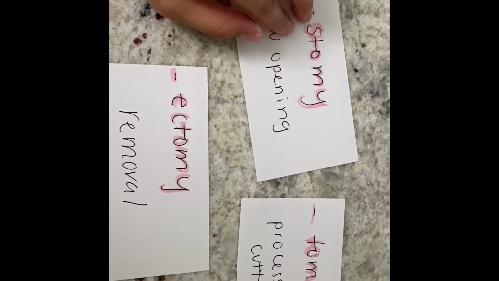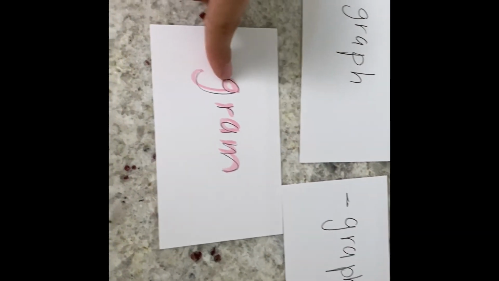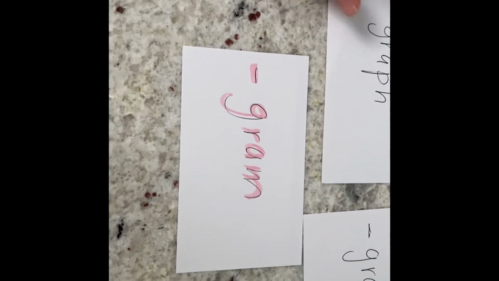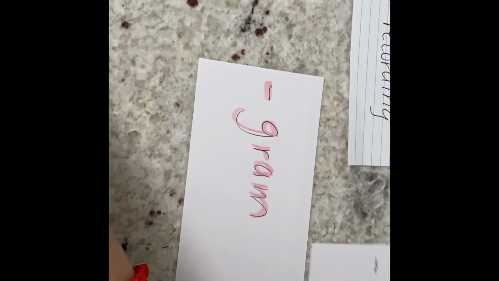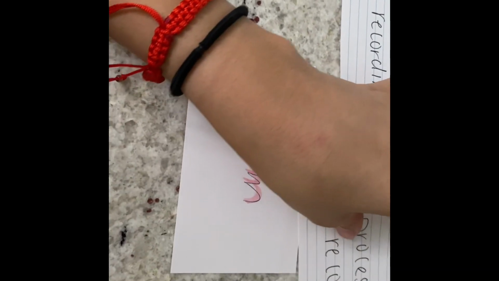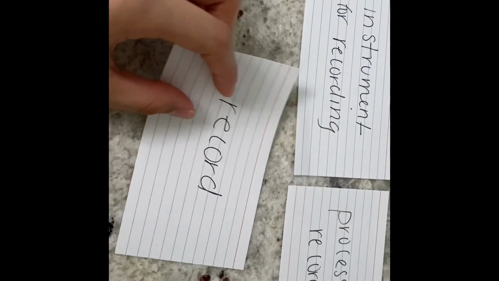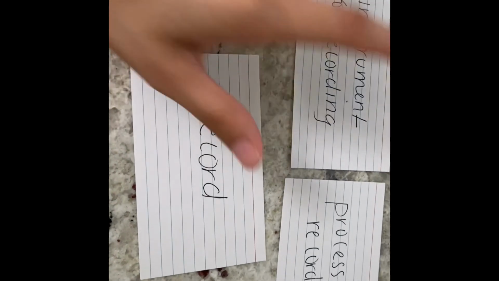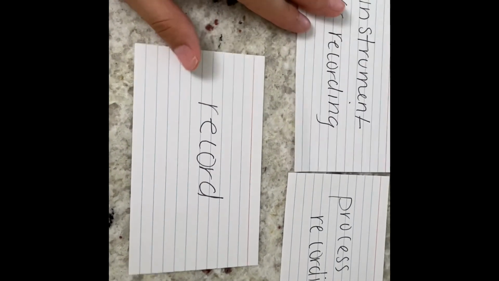Making sure that your spelling is right is very important in situations like this. Another pair that are very similar is graph, graphy, and gram. Graph is actually the instrument for recording, whereas graphy is the process of recording, while gram means record. These terms are very important and look very similar but have different meanings.